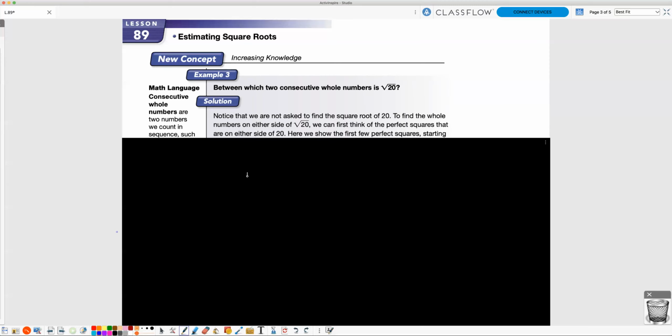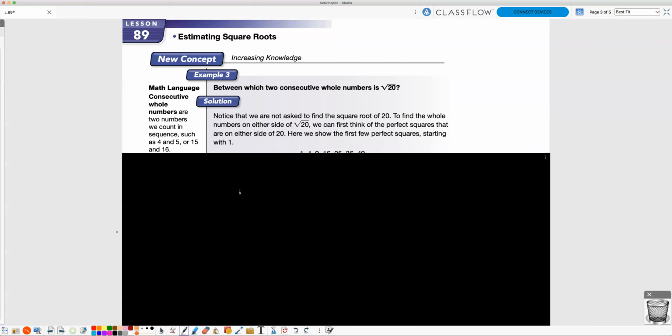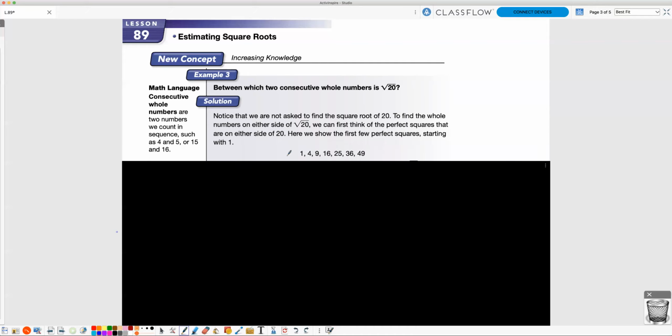Here we show the first few perfect squares starting with 1. 1 times 1 is 1, 2 times 2 is 4, 3 times 3 is 9, 4 times 4 is 16, 5 times 5 is 25, 6 times 6 is 36, and 7 times 7 is 49.